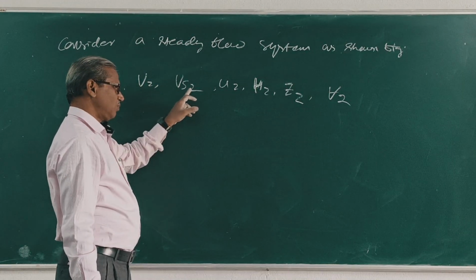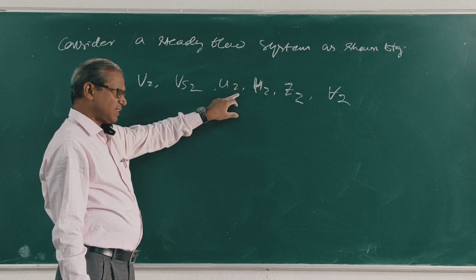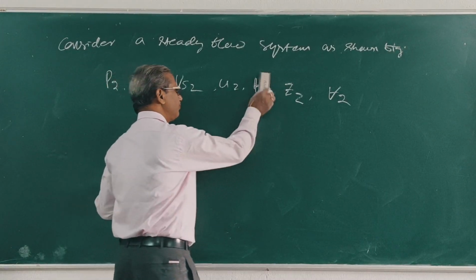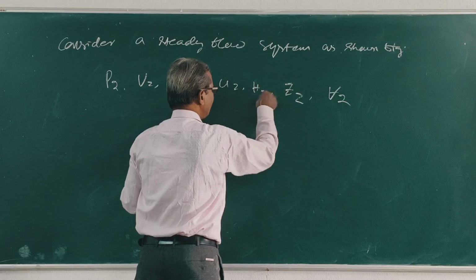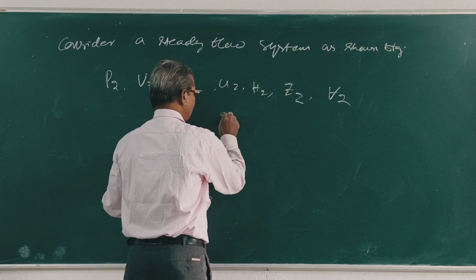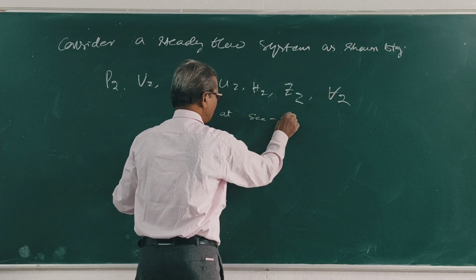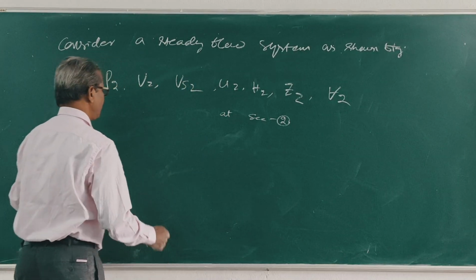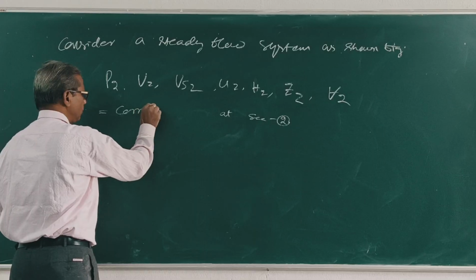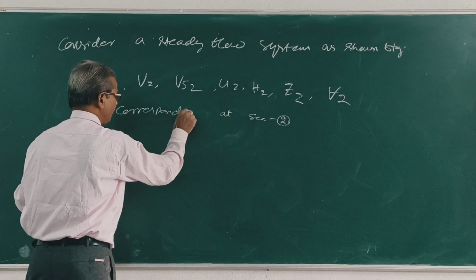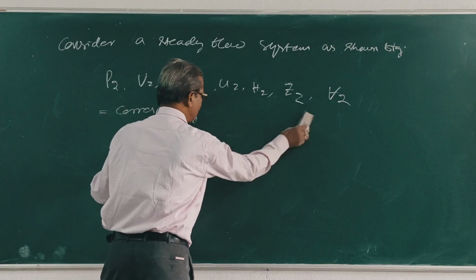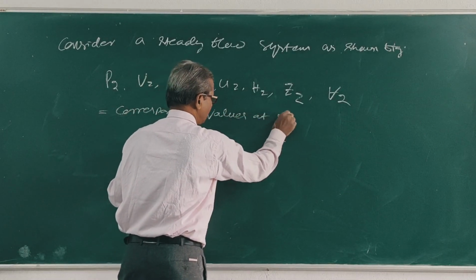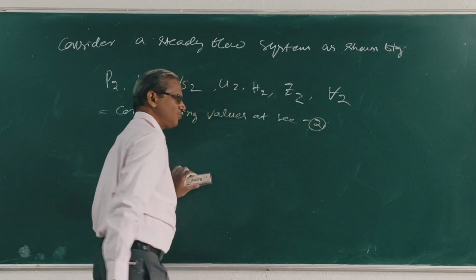Pressure, volume, specific volume, internal energy, enthalpy, datum height and velocity at section 2 is equal to corresponding values at section 2, right?